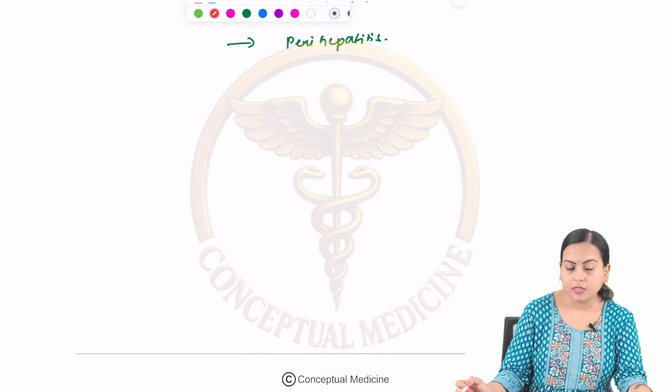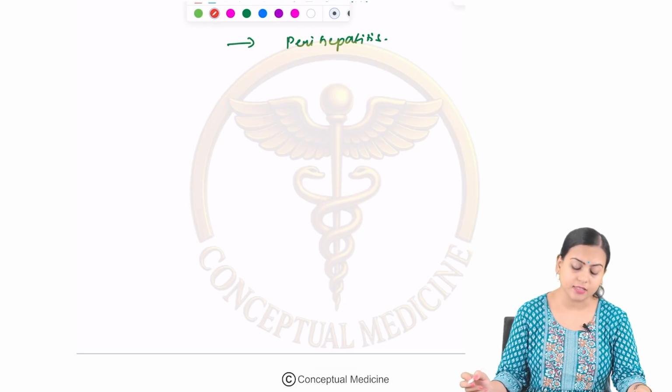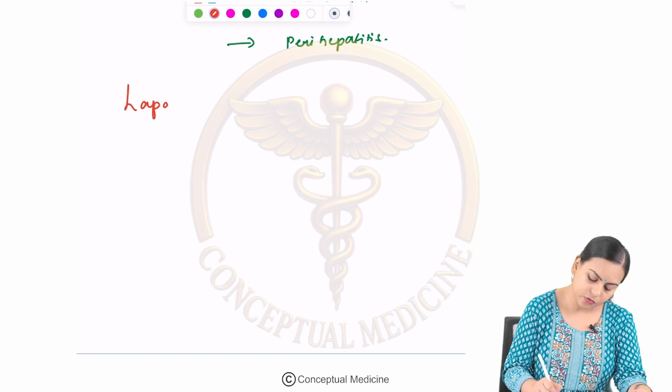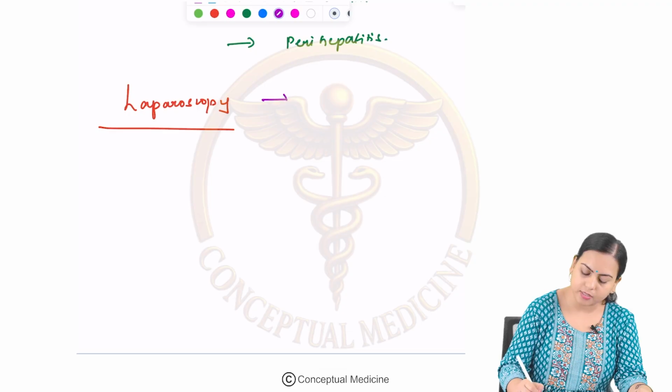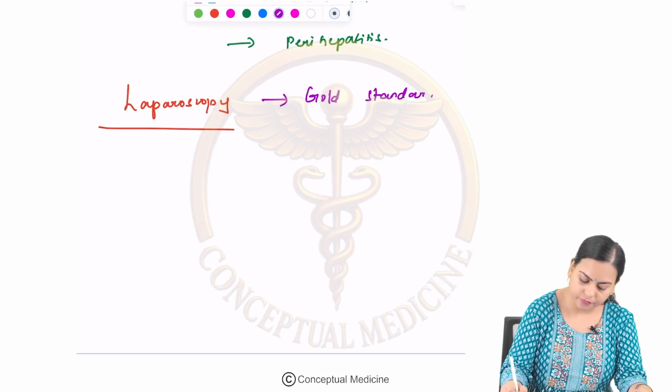But the gold standard investigation for pelvic inflammatory disease is laparoscopy. Okay, remember this is the gold standard investigation.